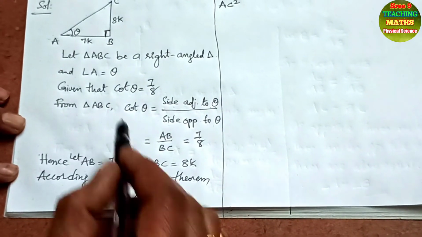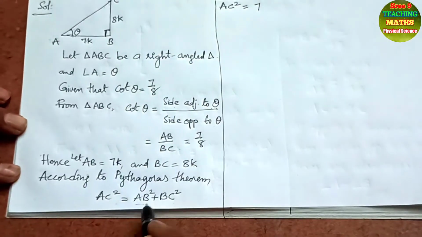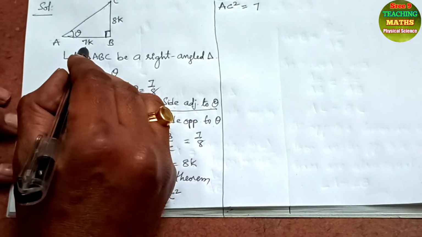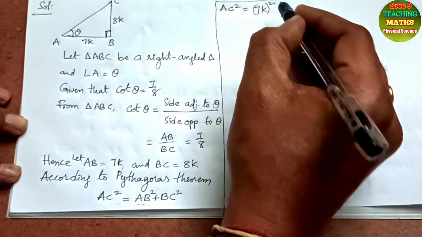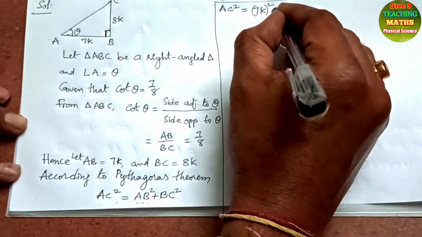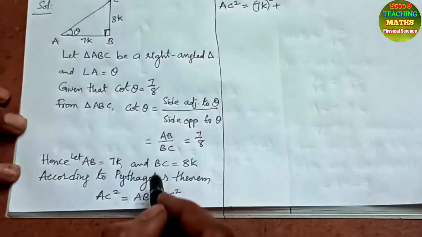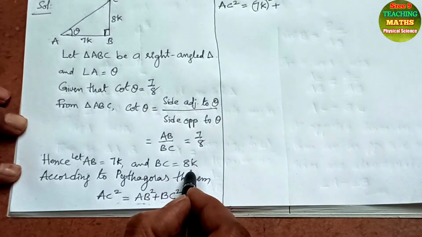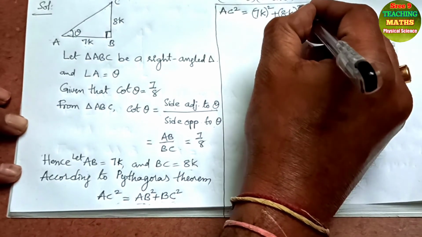AB is 7K. So AC square is equal to (7K) whole square plus BC, and BC is 8K, so (8K) whole square.